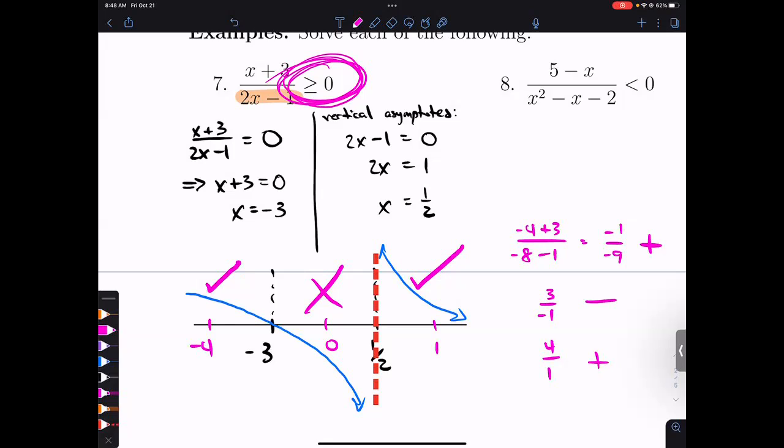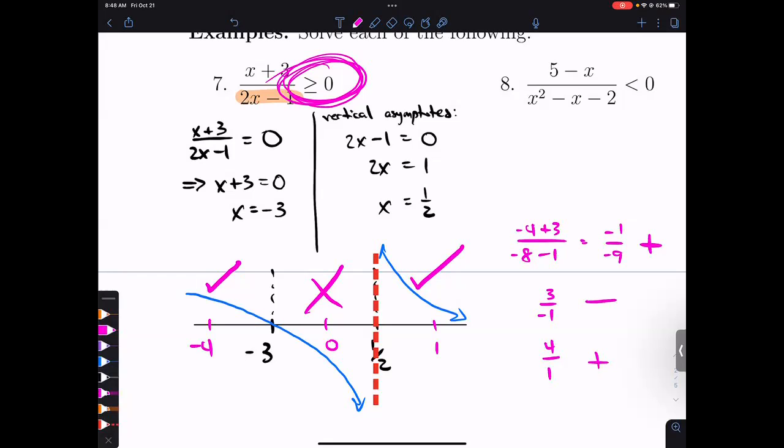You don't have to. You can have a vertical asymptote where both ends point up around the vertical asymptote, or both down. That can happen too. It doesn't have to change, but it can. So we have to take that into account.